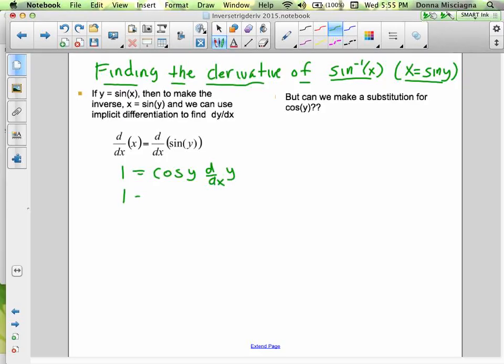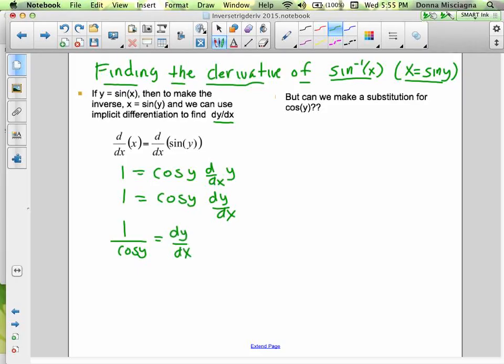So that's going to be 1 equals cosine y dy/dx. Now, we're solving for dy/dx, so we need to divide both sides by cosine y. So 1 over cosine y equals dy/dx.